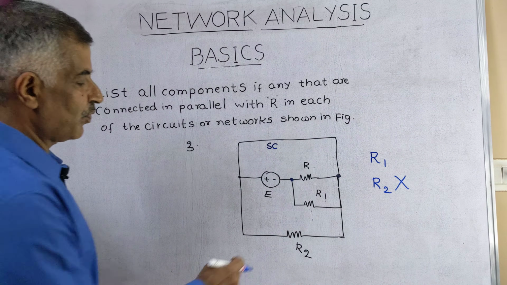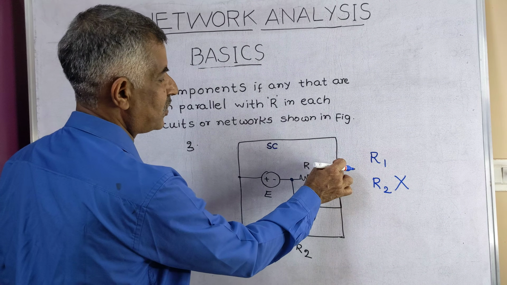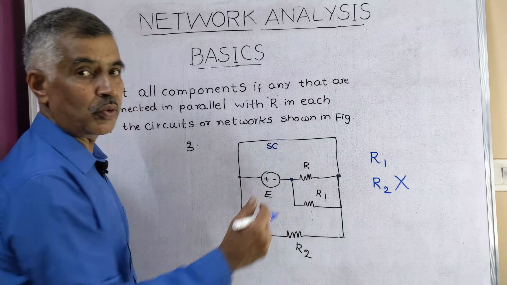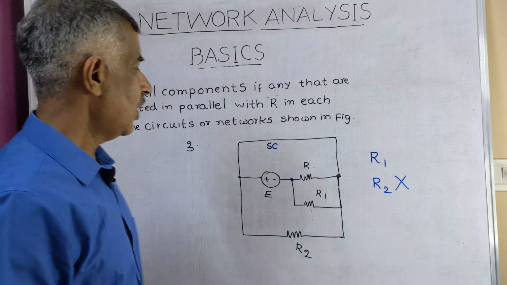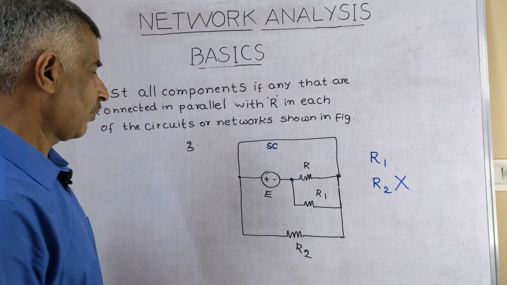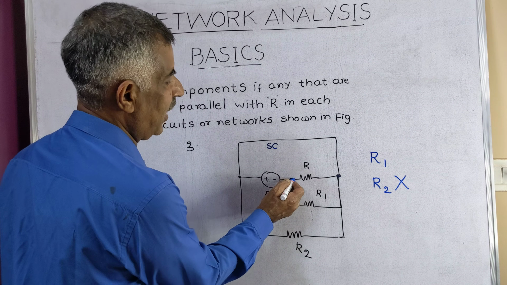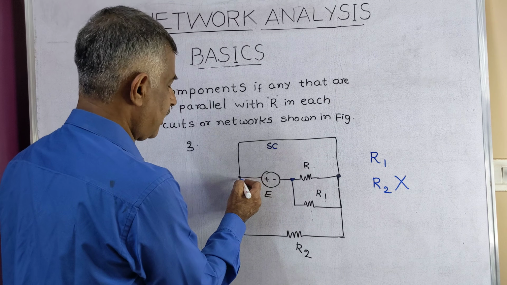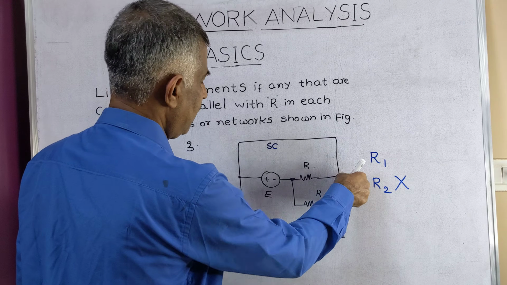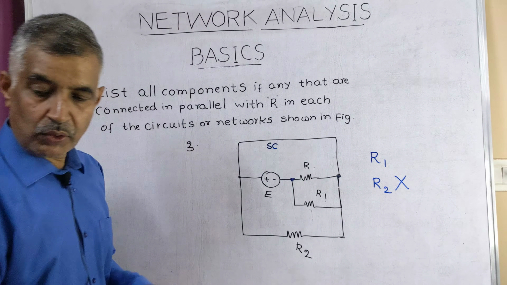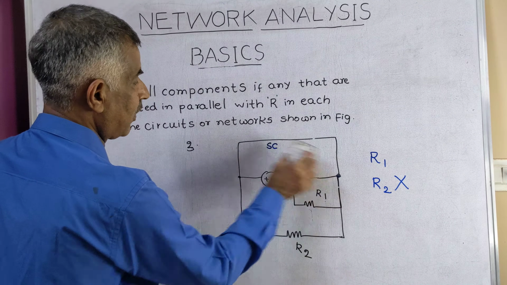The reason is, one end here, this end is also going to coincide with this due to short circuit. Short circuit means you can bring them together. Now, what about E? One end of E is with one end of R. And due to short circuit, if you bring this with here, that means it is as good as connecting E here.